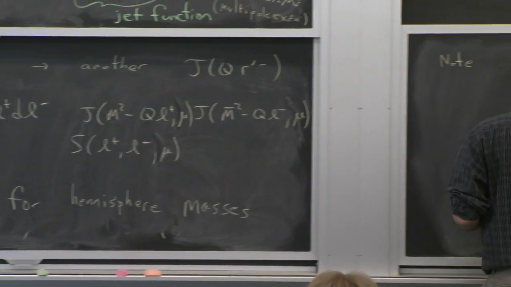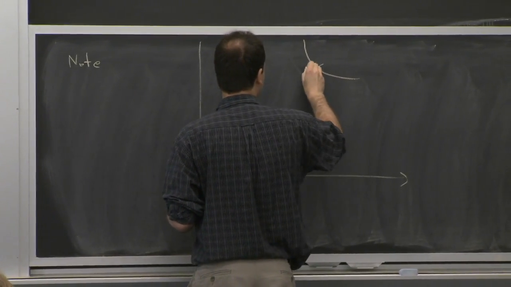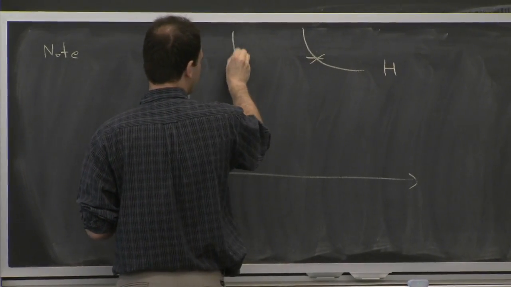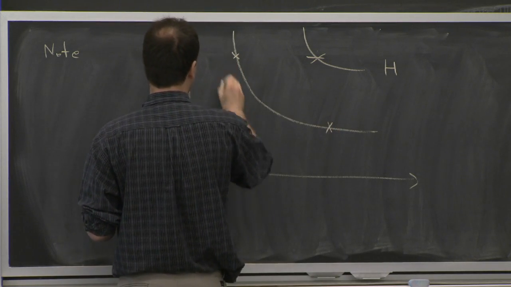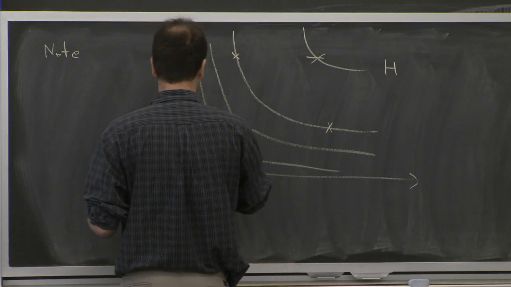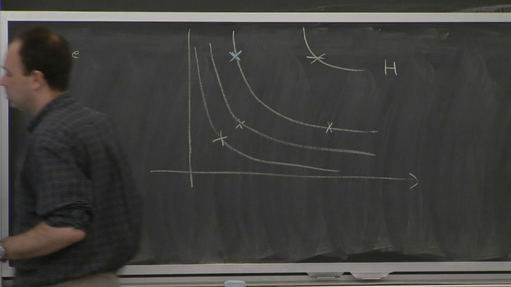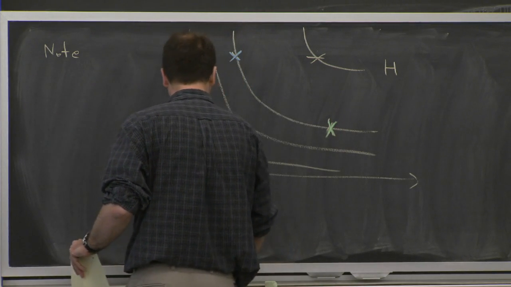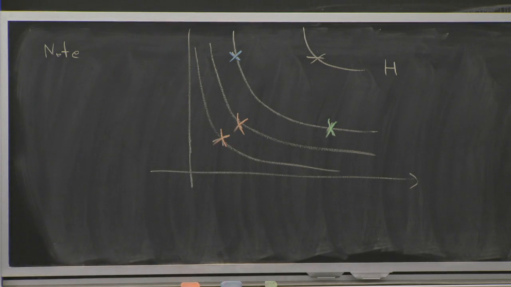Now, if we draw our scale diagram again, but draw it a little bigger this time, and put in where these various functions are, label everybody again.